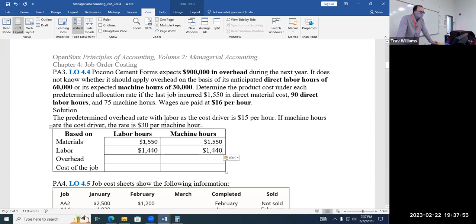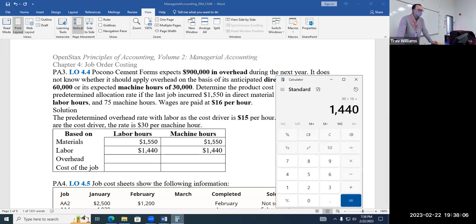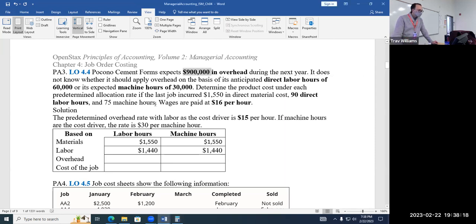If they go with labor as their driver of overhead, it's $15 per hour. Right? Because you take $900,000 in overhead, divide by the 60,000 estimated labor hours, you get $15 per hour. And for this job, oh yeah, it said 90 direct labor hours, right?